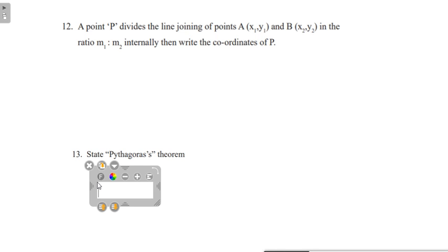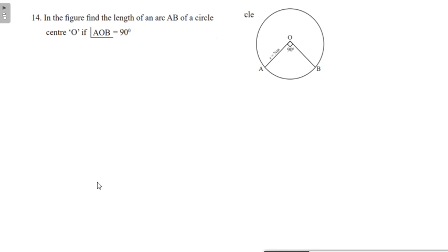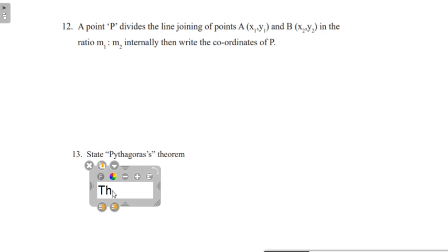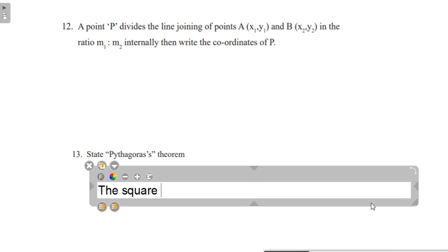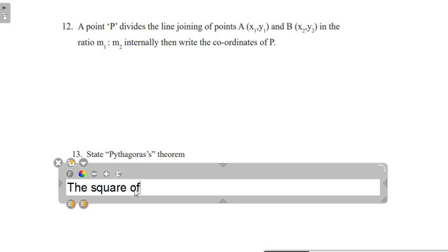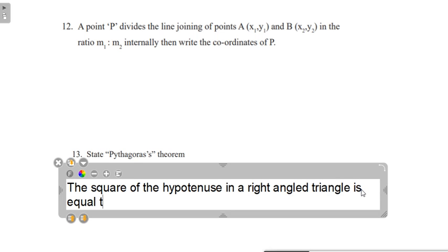The Pythagoras theorem states that in a right angled triangle, the square of the hypotenuse is equal to the sum of the squares of the other two sides.